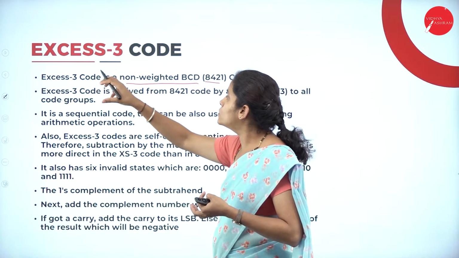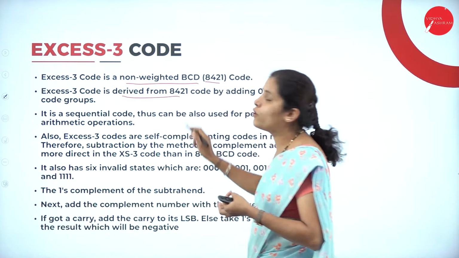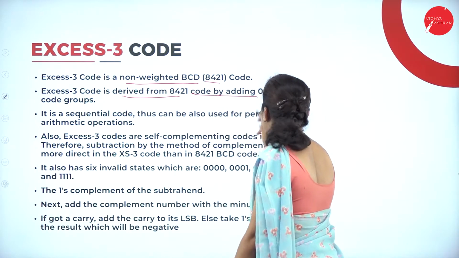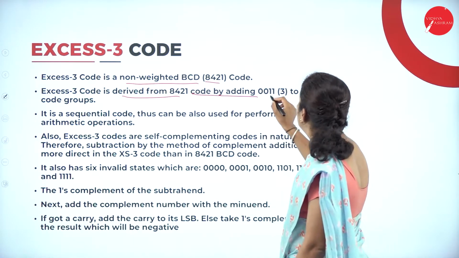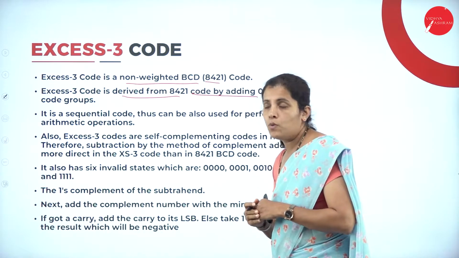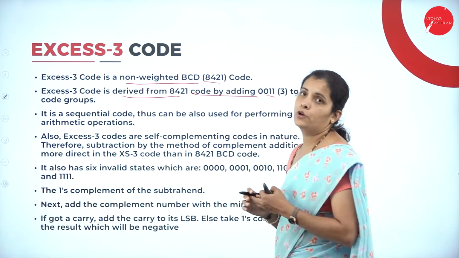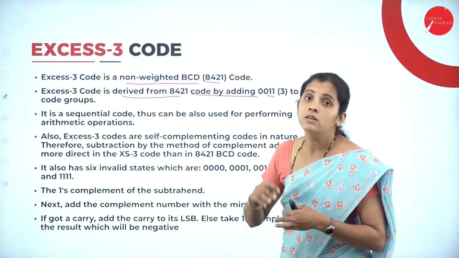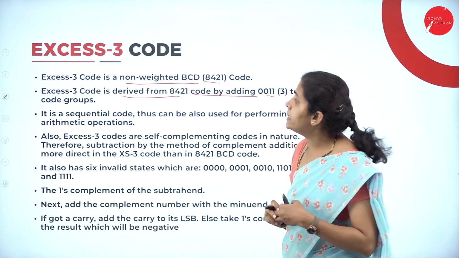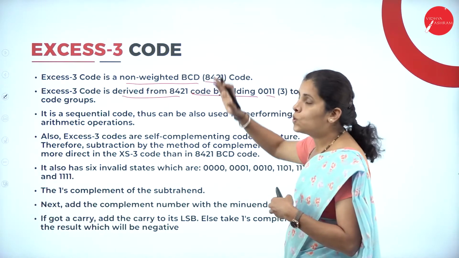Here, the Xs3 code is derived from the 8421 code by adding 0011. That means whatever BCD number or binary number you have, you add 3 to that number to generate the Xs3 code.